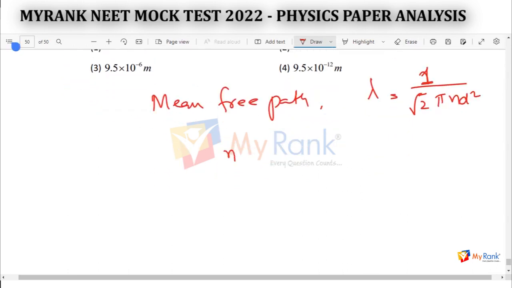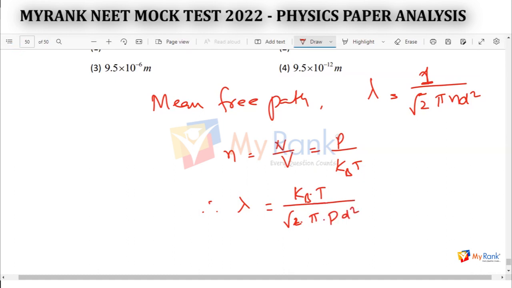Here n is the number of molecules per unit volume, which can be written as P by Boltzmann's constant into temperature, because lambda is related with n. So lambda can be written as Boltzmann's constant into temperature by root 2 pi P d square, students.